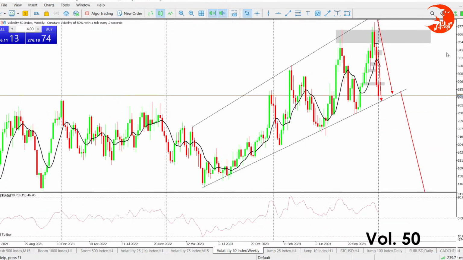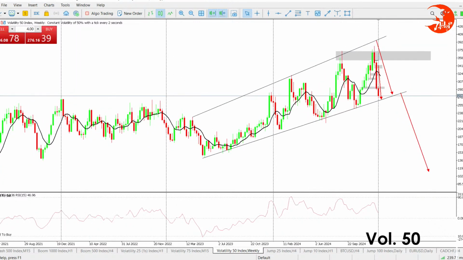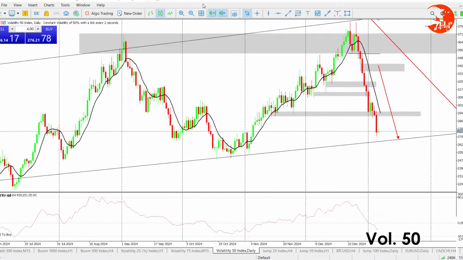Now go to weekly. So according to the weekly time frame, we are within the rising wedge. From what we see, I think we've reached that level right here, but we still have 1 day to go.